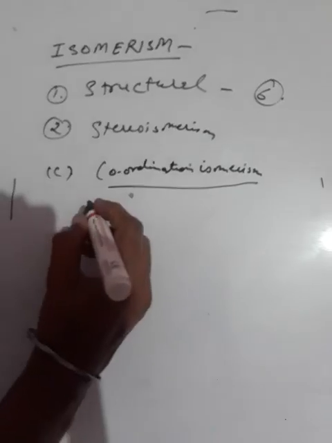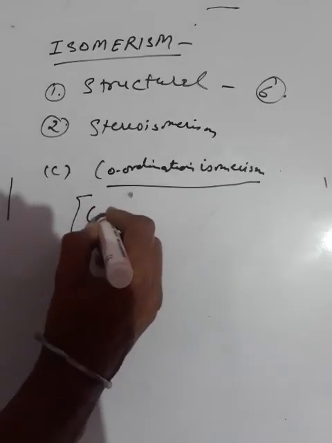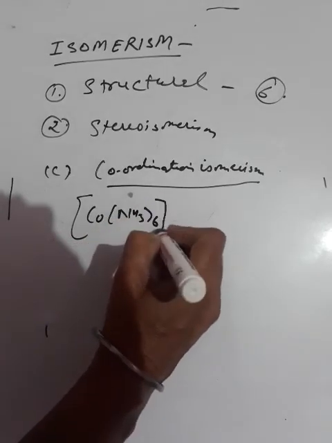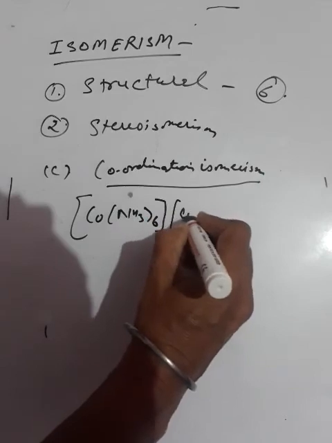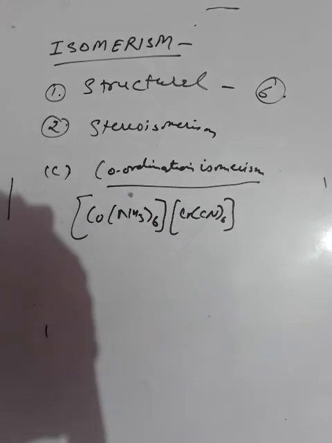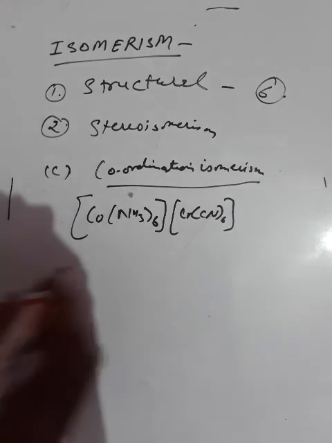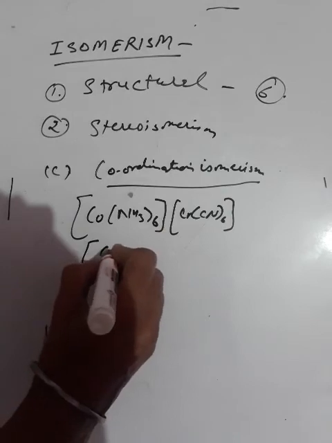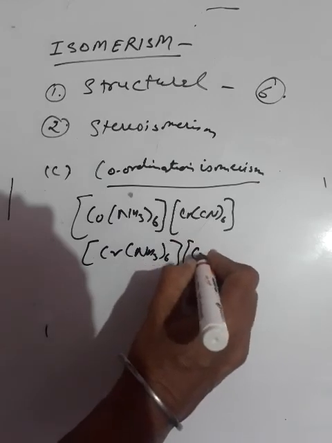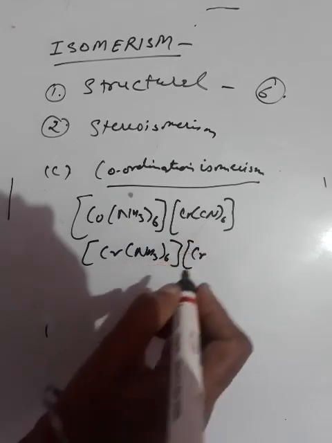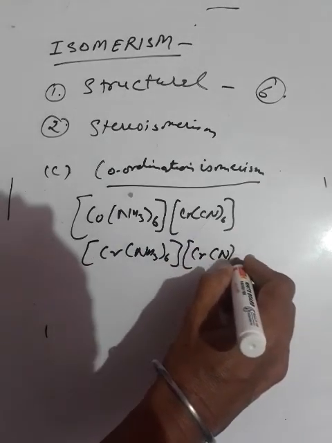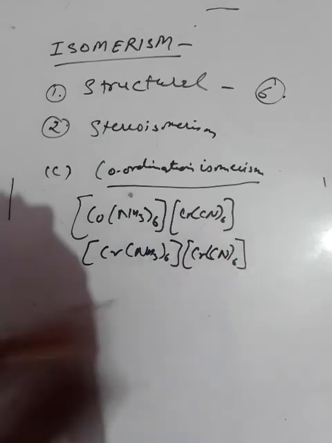For example, let's see this: [Co(NH3)6][Cr(CN)6] and [Cr(NH3)6][Co(CN)6].